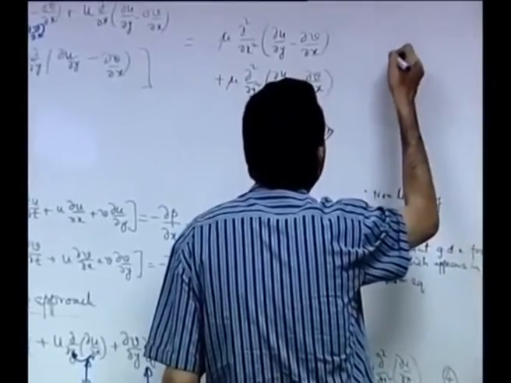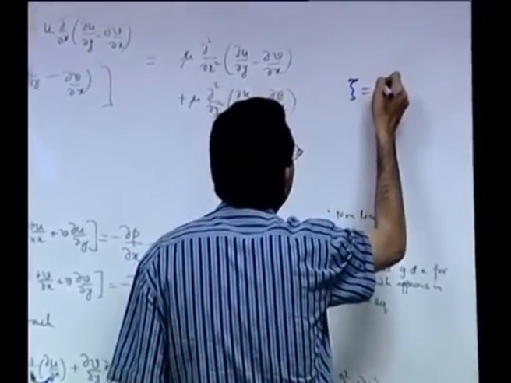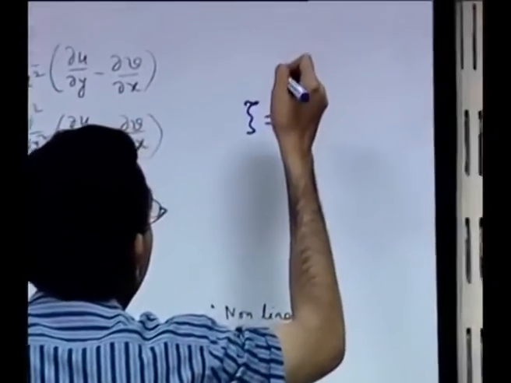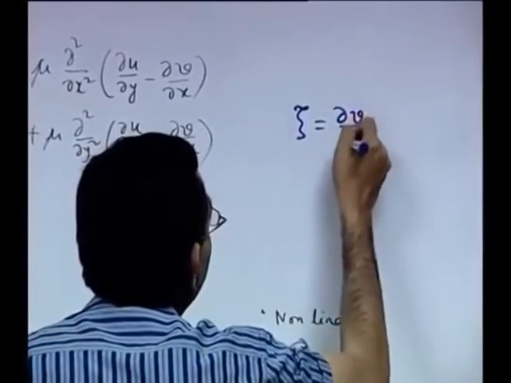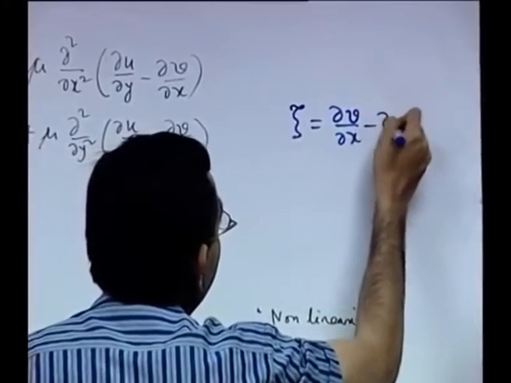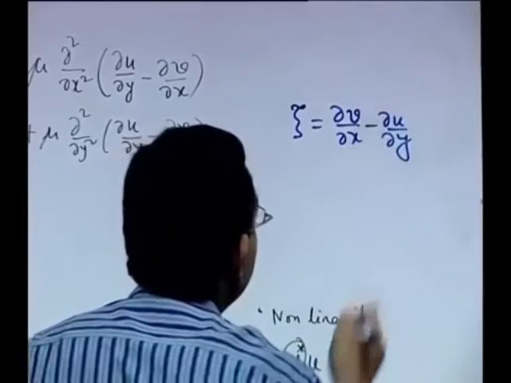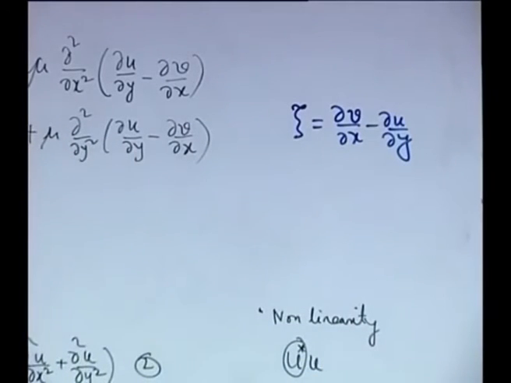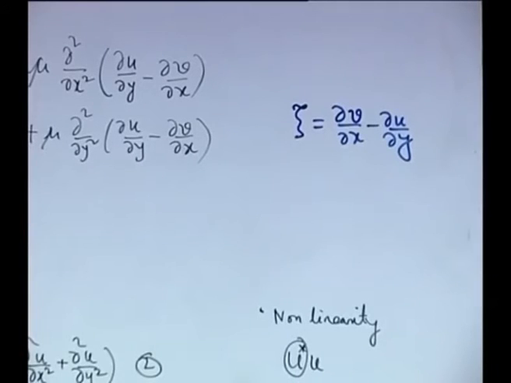It is the, so you can write say zeta is equal to del v del x minus del u del y which you may call as vorticity.